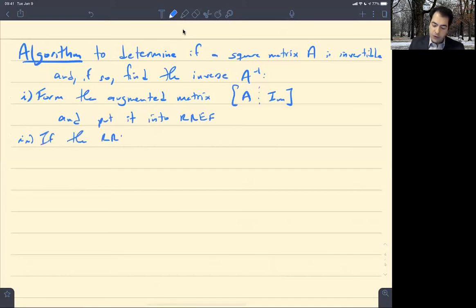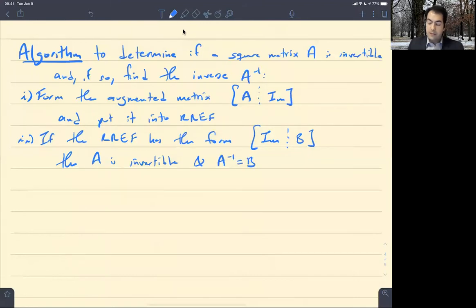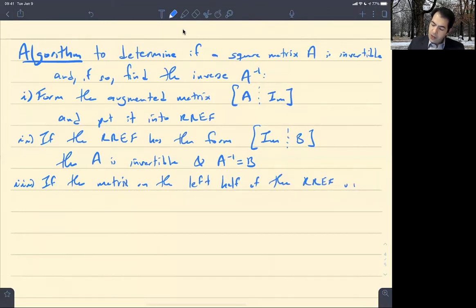If the reduced row echelon form looks like the identity matrix on the left and then some other matrix B on the right, then A is invertible, and the inverse of A is equal to B. On the other hand, step 3, if the matrix on the left half of the reduced row echelon form is not Im, then A is singular, right?